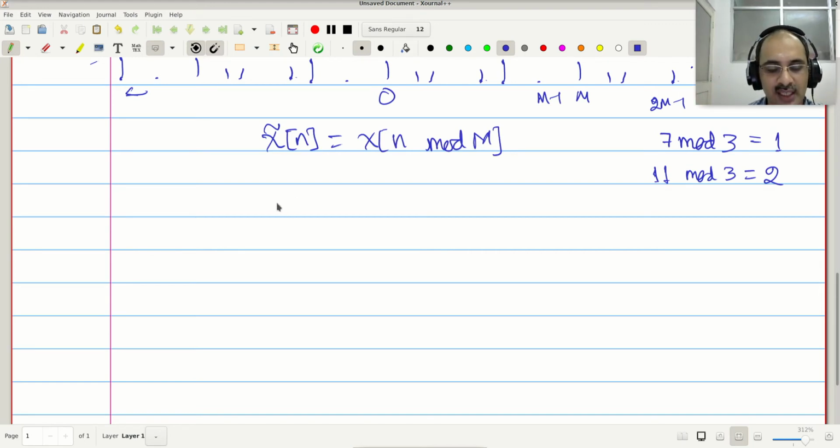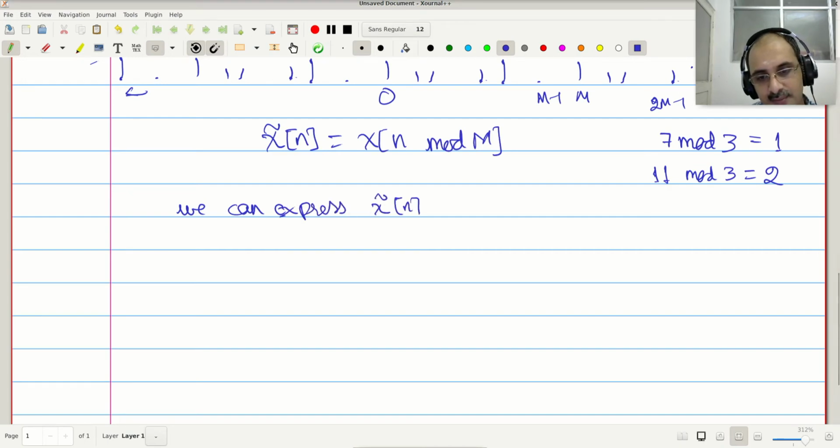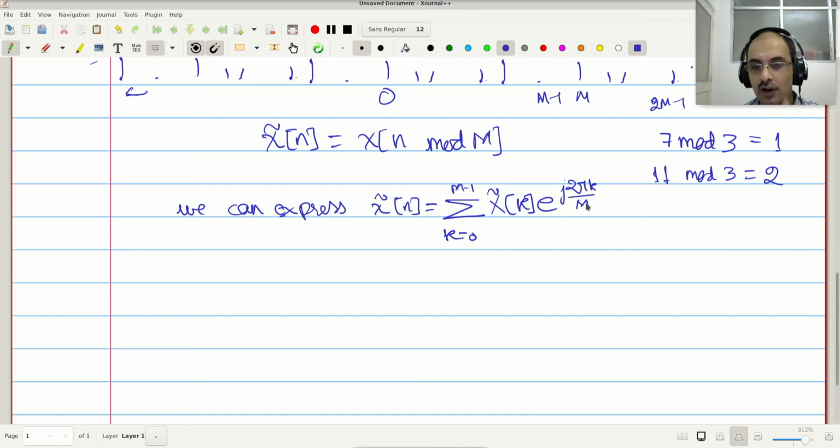So now the claim is that we can express x tilde n as a summation, k runs from 0 to m minus 1, of x tilde k (notice that this is capital X) times e power j 2 pi k n by capital M, for a suitable choice of capital M. In fact, I think in the textbook they use capital N. It's okay, but you can do this.